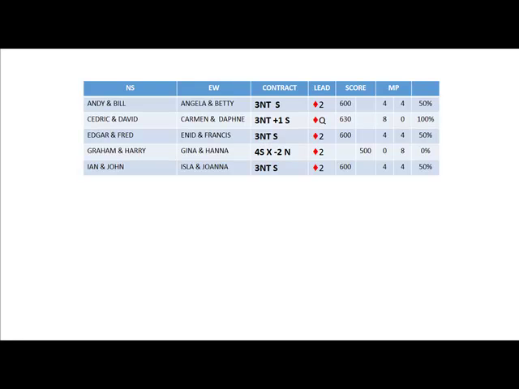Actually, I'm just looking to see the lead, and strangely for Cedric and David, they got a lead of Queen of Diamonds, and all the others only got a lead of a 2 of Diamonds. It might not be that Cedric and David played brilliantly. It may well be that Carmen and Daphne made the wrong opening lead. Oh, the opening lead is so important.